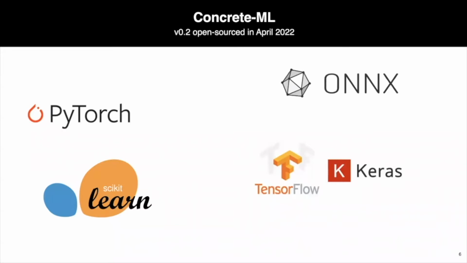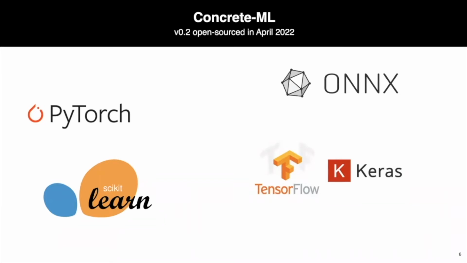And then, in addition to Torch and scikit-learn, we are adding a bit more support. In the next version, which we are going to release in 2 or 3 months, you will see that we also support ONNX, which is a format common to all these frameworks.